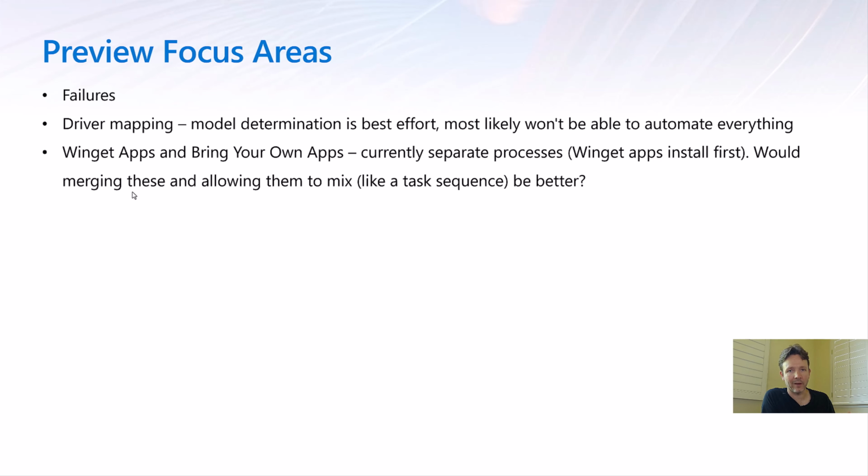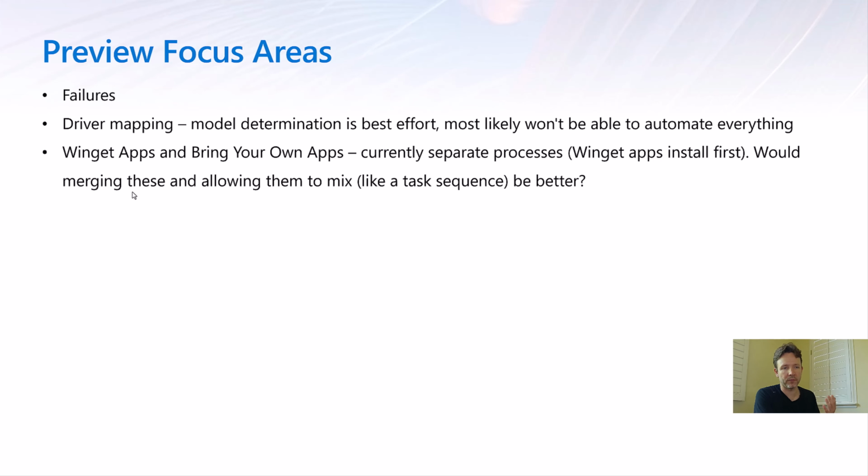So if you need .NET, you need the C++ runtime, you need something that has to install one before the other, the bring your own apps scenario will handle that. With Winget, you can't really change the priorities right now. Even though the Winget Win32 apps JSON file has a priority field you can modify, you can't really modify it in the UI.